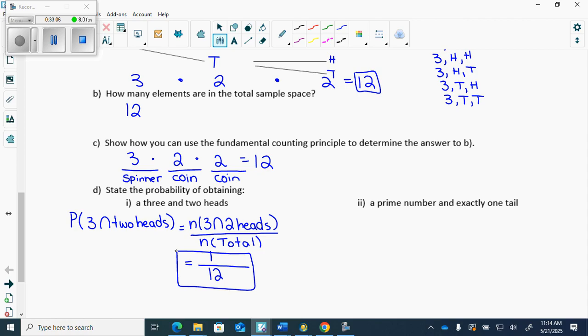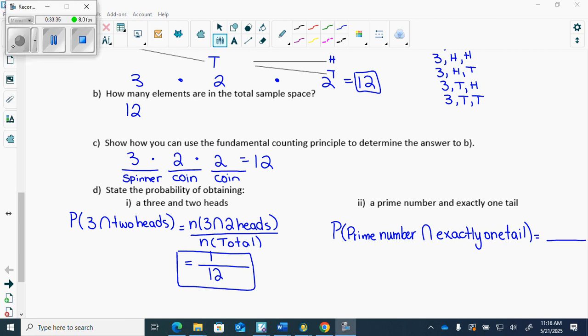So 1, 2, and 3, how many of those are prime? 2 and 3 are prime. So we need the probability of a prime number and exactly 1 tail. You try it out. Give me the fraction.